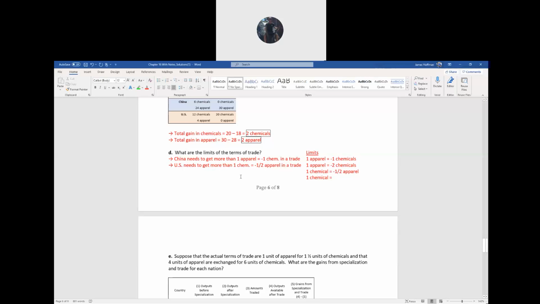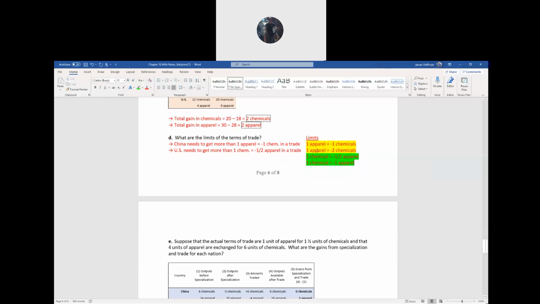Right? Okay, so this condition here is the same as this one. Either of these limit scenarios would work.